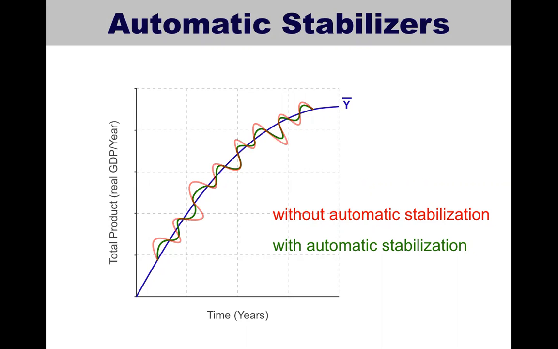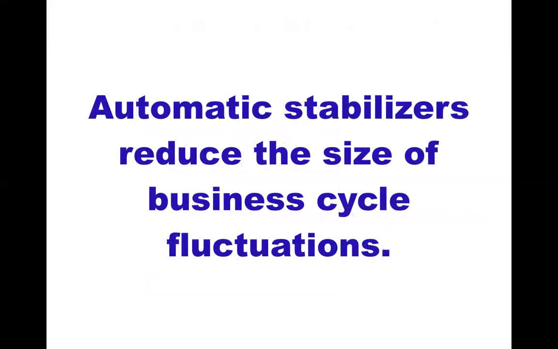So this is the picture of how automatic stabilizers work. So let's go ahead and discuss some of these automatic stabilizers and how they actually cause shallower booms and busts.